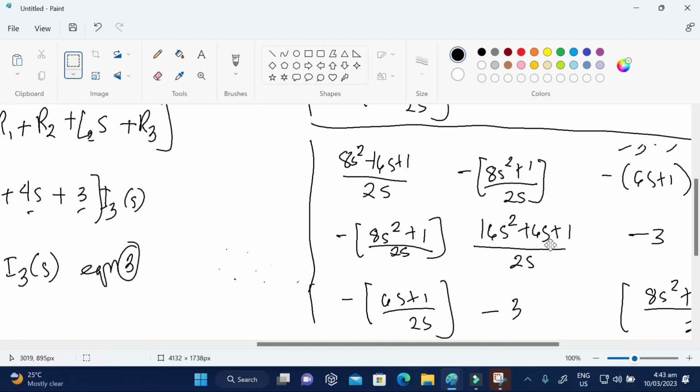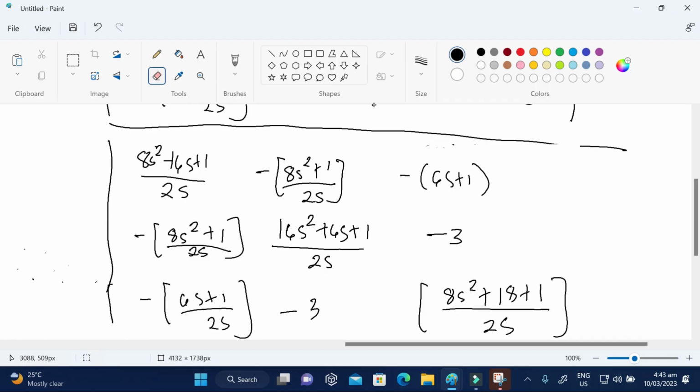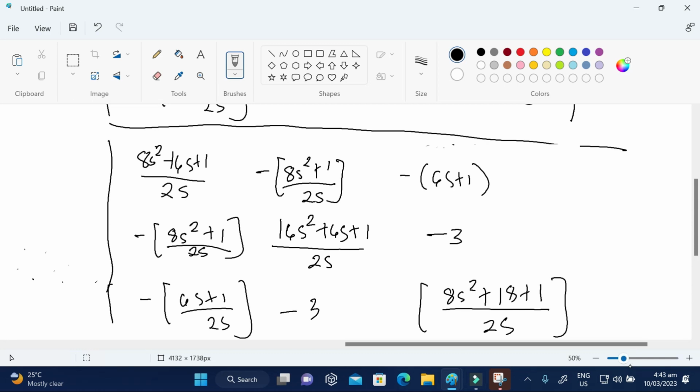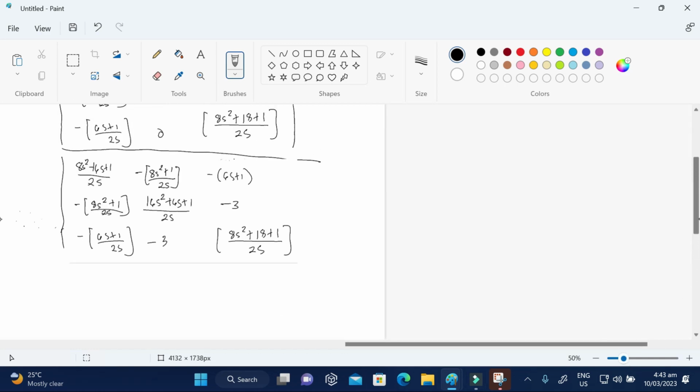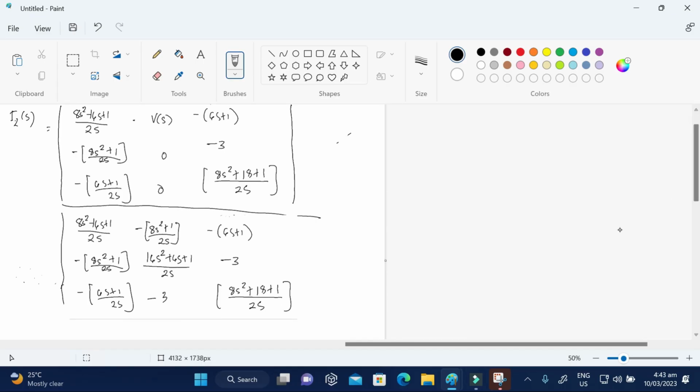So, yun na si matrix natin. Okay? So, evaluate nyo ngayon to para makuha si I2.